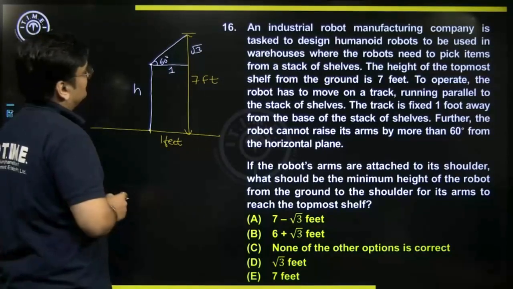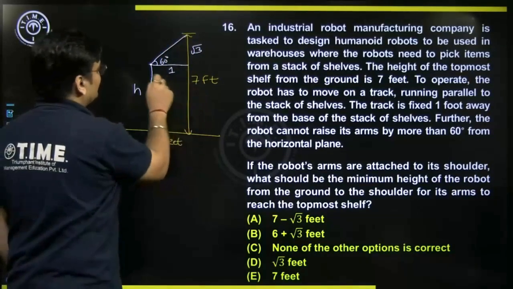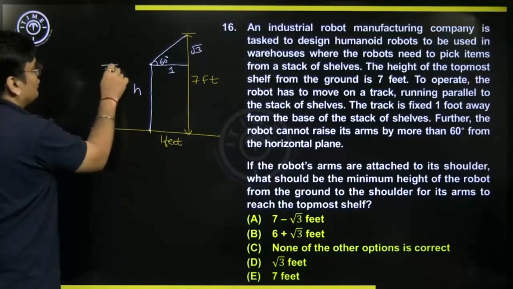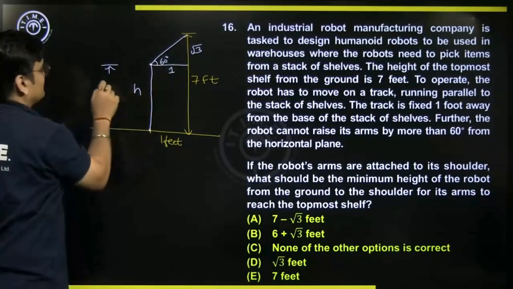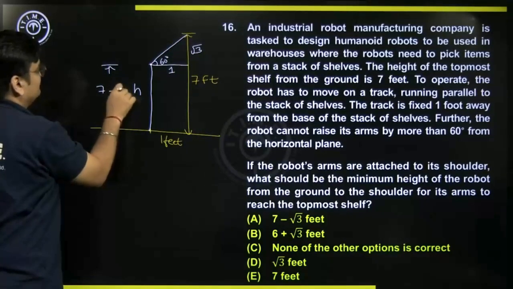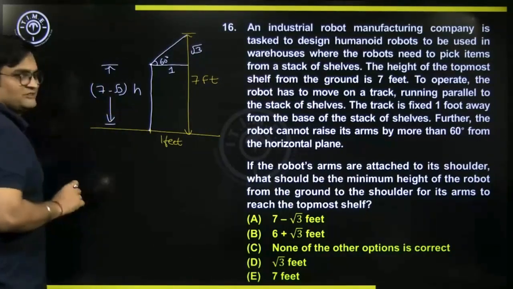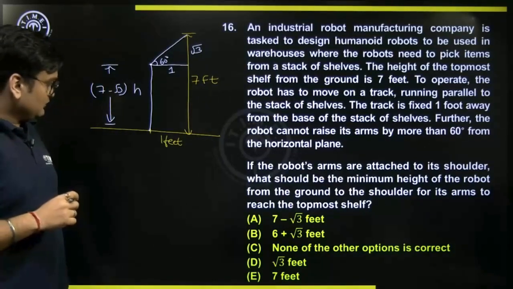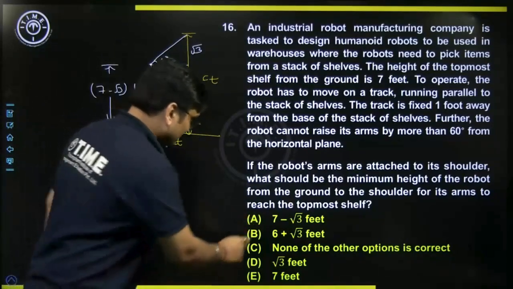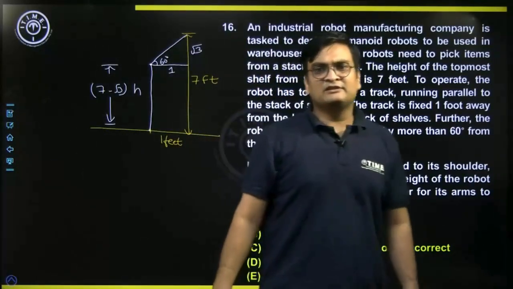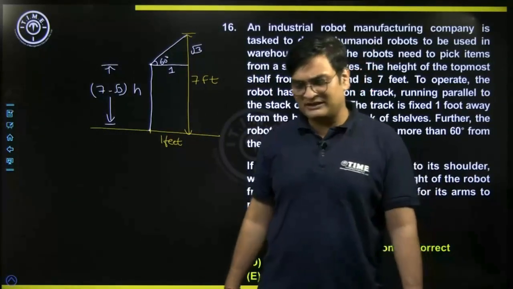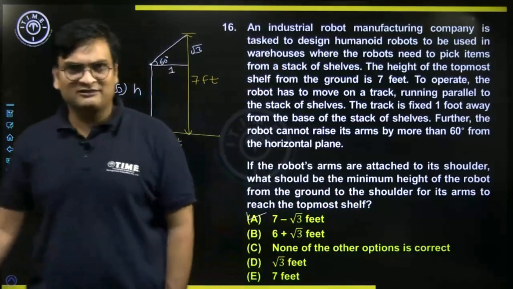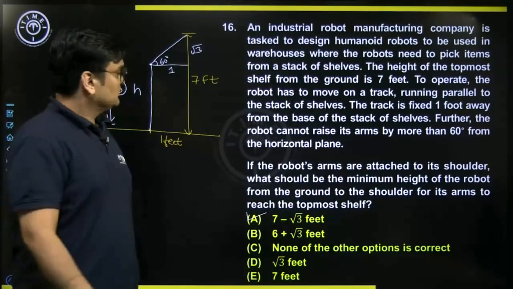So if this is root 3, how much will be this height here? Overall it was 7 and this part is root 3, which would mean the height of the robot should be 7 minus root 3. So what is the minimum height? I'll say option choice A will be the correct answer. 7 minus root 3 feet.